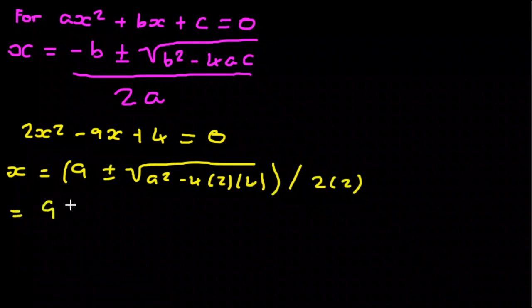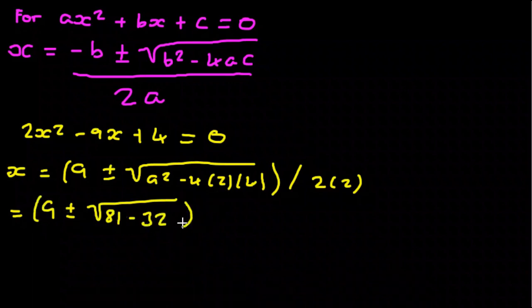So that's equal to 9 plus or minus the square root of 81 minus, 4 times 4 is 16 times 2 is 32. And again, all of that's being divided by 4. That's equal to 9 plus or minus 81 minus 32 is 49, so the square root of that is 7.